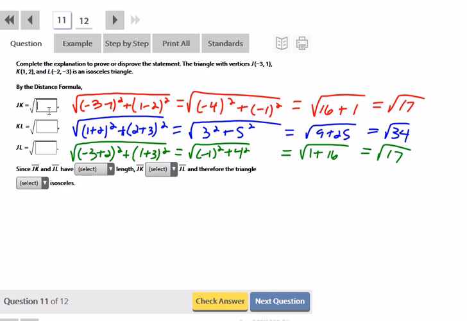So we have 17, 34, and 17. JK and JL have the same length. JK and JL are congruent, therefore the triangle is isosceles. Isosceles triangles have two congruent sides.